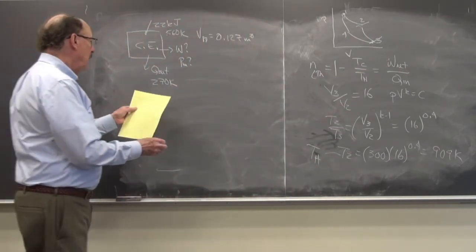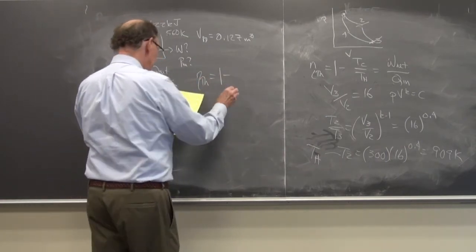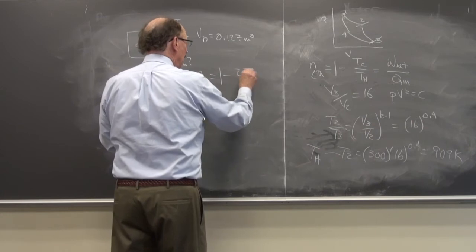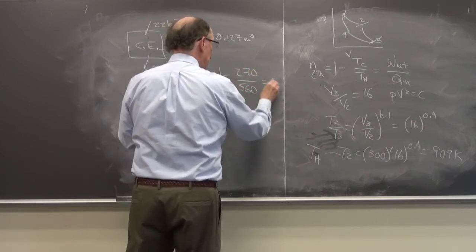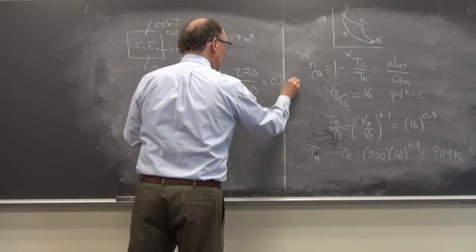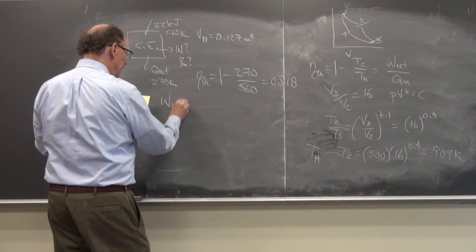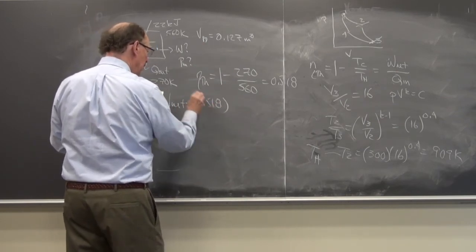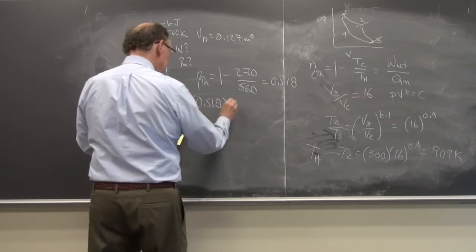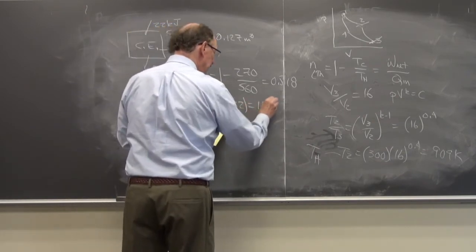And so the thermal efficiency is equal to 1 minus 270 over 560, which is equal to 0.518. And so W net is 0.518 times 22, which is equal to 11.4 kilojoules.